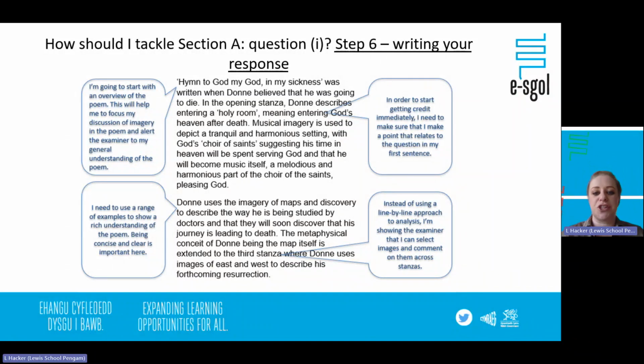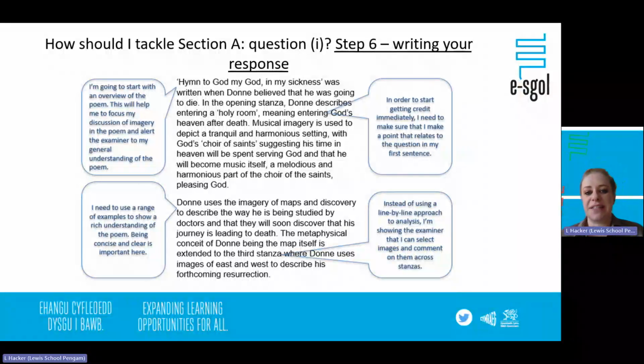And as the annotations show, I need to use a range of examples to show a rich understanding of the poem. Okay, so you're constantly needing a variety of examples of Donne's use of imagery to show that you have that really good understanding of the poem. But not only that, being concise and clear is of the utmost importance. You don't want to beat around the bush, you want to go straight into that analysis.